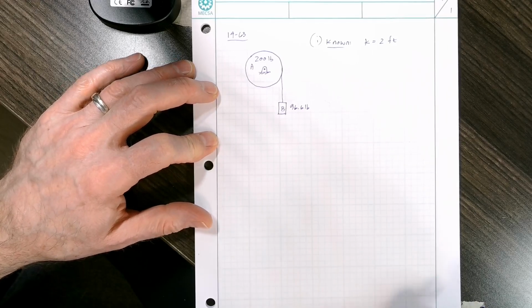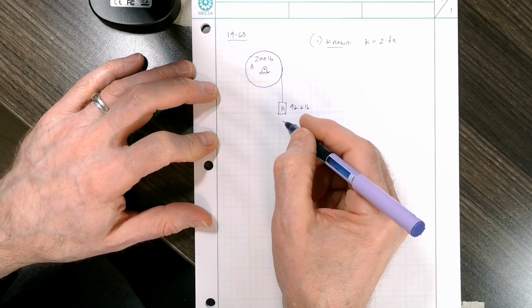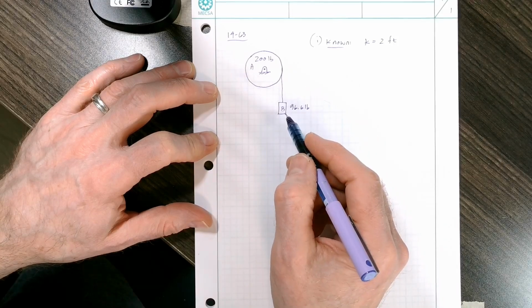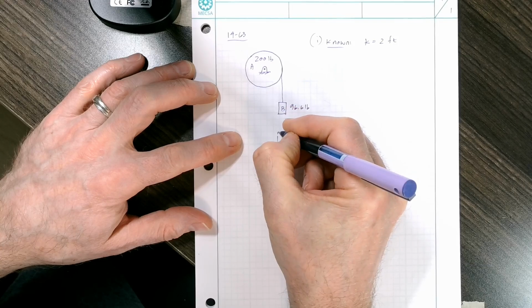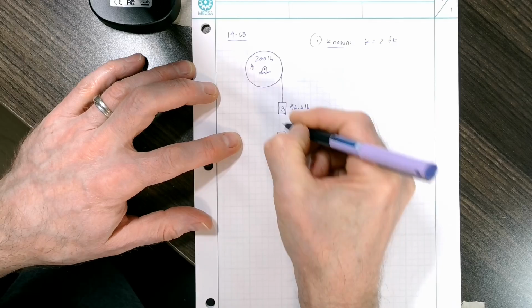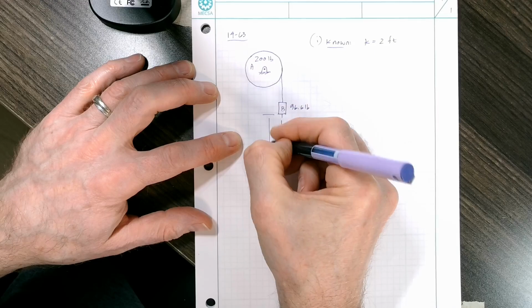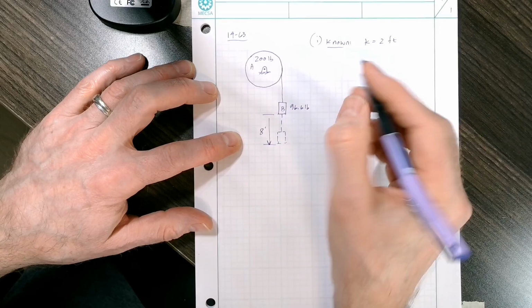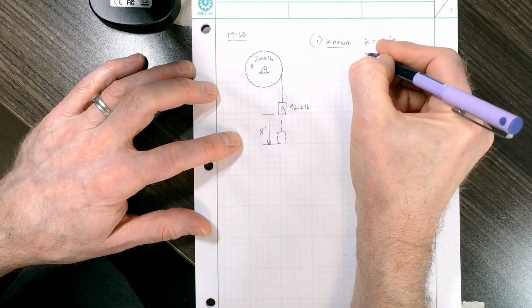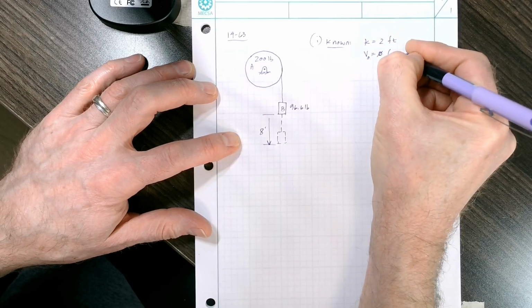The system is at rest, and here's the dynamics part. The system is at rest with B, the block here, and then it drops 8 feet. So this moves down 8 feet like that. V naught equals 0, at rest.